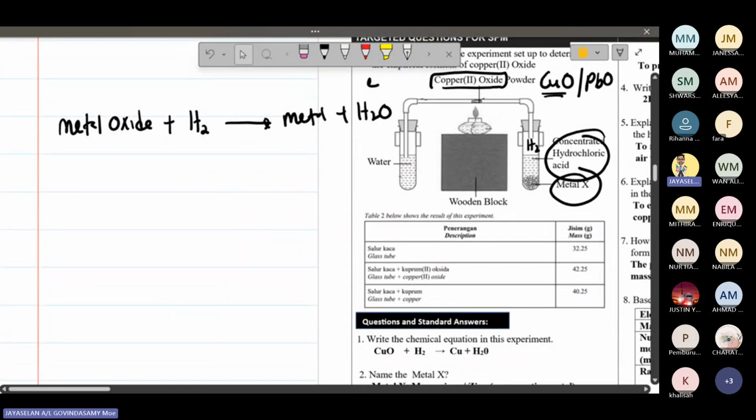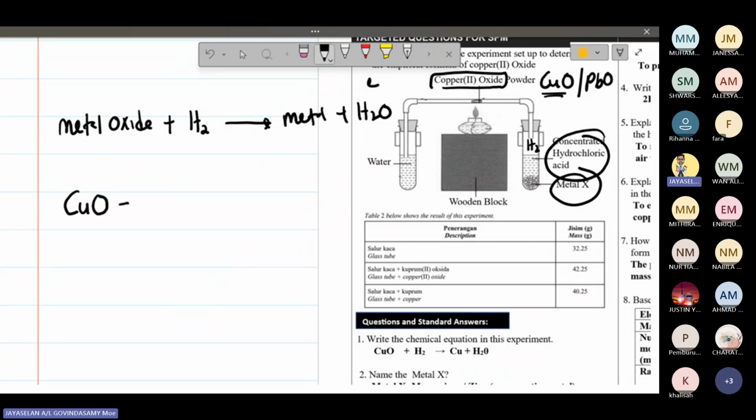Okay, hydrogen gas. So the hydrogen gas reacts with copper 2 oxide. What is the main equation? Copper 2 oxide reacted with dry hydrogen gas. Ingat, hidrogen dia sangat suka oksigen.